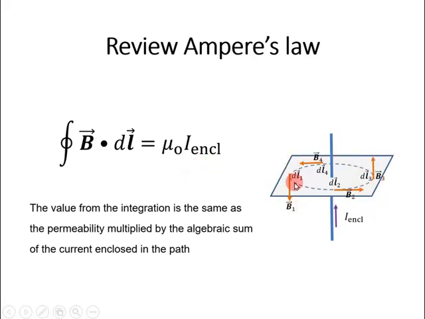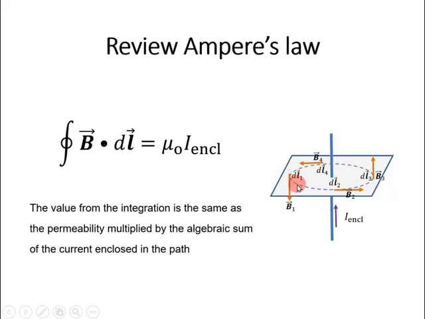So we saw this diagram in which current is flowing through this wire and a magnetic field is set up around the wire. We can divide the path of the magnetic field into infinitesimal elements of length, and then calculate the magnetic line product, the dot product of the magnetic field and the line element at the point under consideration.